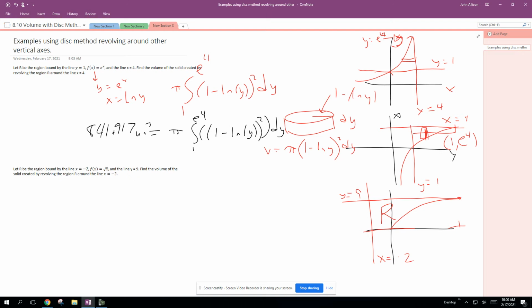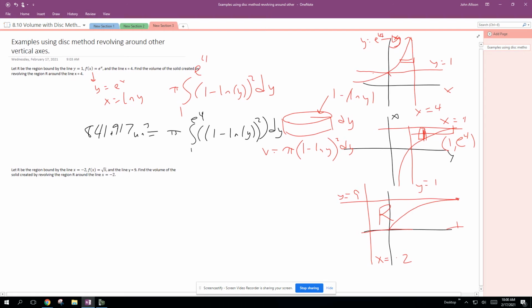For y to equal 9, this is the square root of x, so y equals 9 when x equals 81. Interesting. So this is the region R in here.